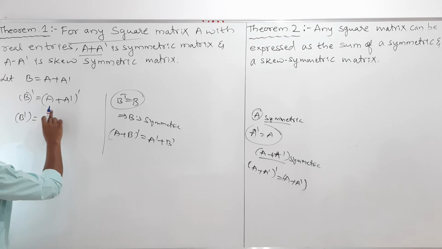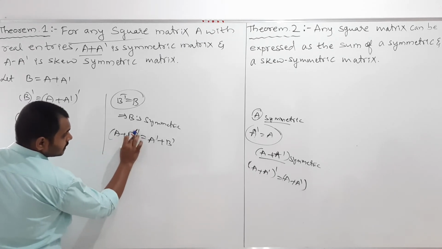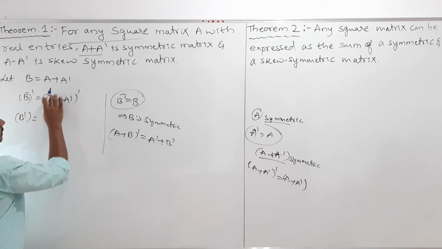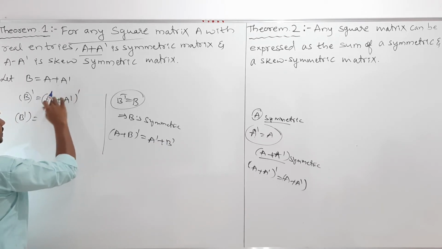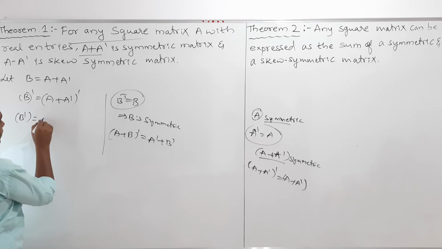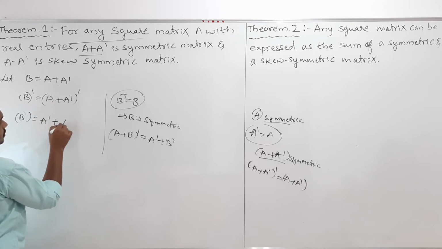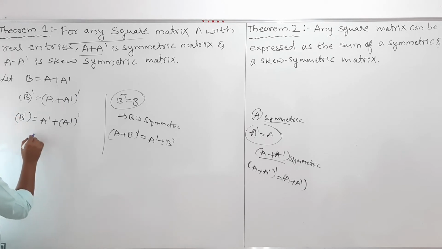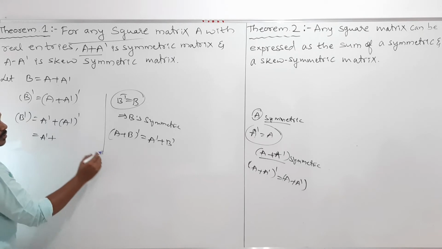So A plus B whole transpose can be written as A transpose plus B transpose. Here, assume this as A and this as B. So A plus A transpose whole transpose can be written as A transpose plus A transpose whole transpose. Now this is equal to A transpose, as it is, A transpose whole transpose.